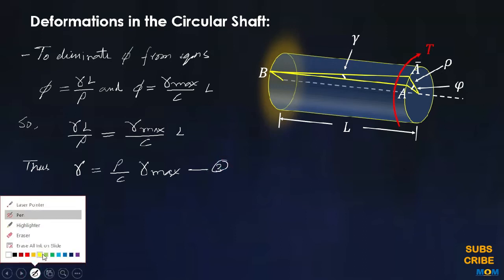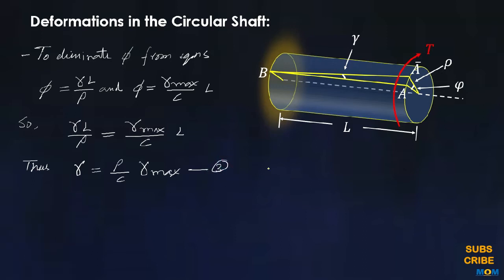Now here we can see that this expression indicates that shear strain varies linearly with the radius.